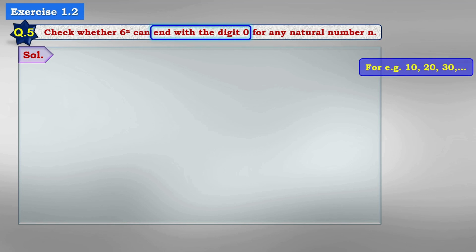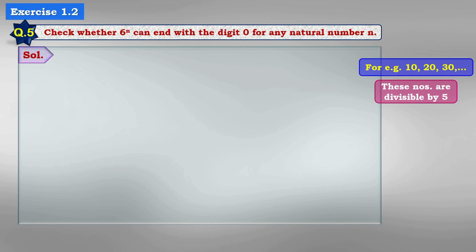Ending with the digit 0 means the number can be represented as a multiple of 10, like 10, 20, 30. So now we have to check whether 6 to the power n can be represented as a multiple of 10 or not.